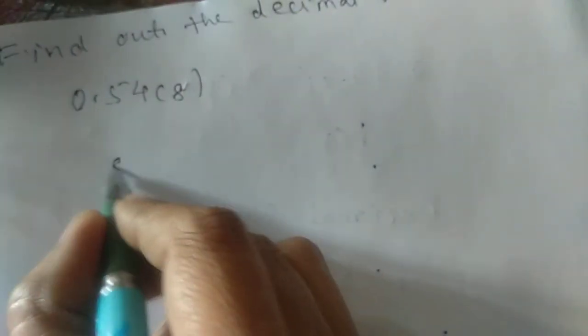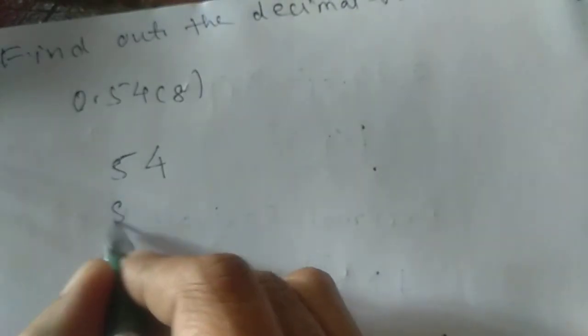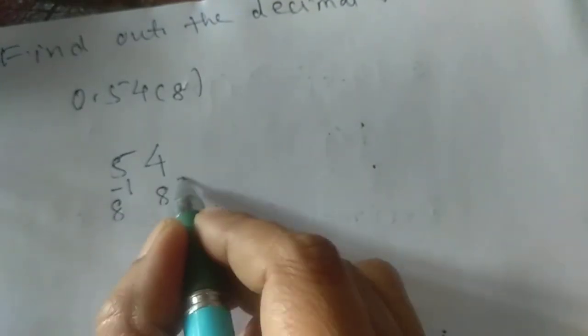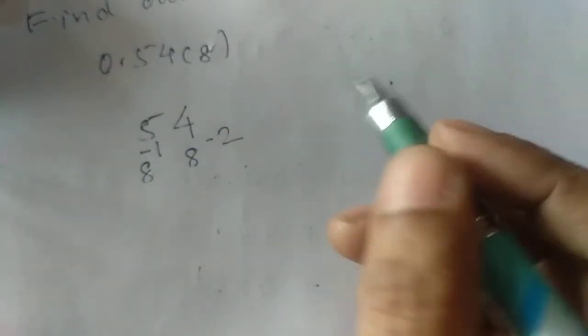Now, for our convenience I will write 5 4. Here I will write 8 raised to minus 1, and here 8 raised to minus 2.